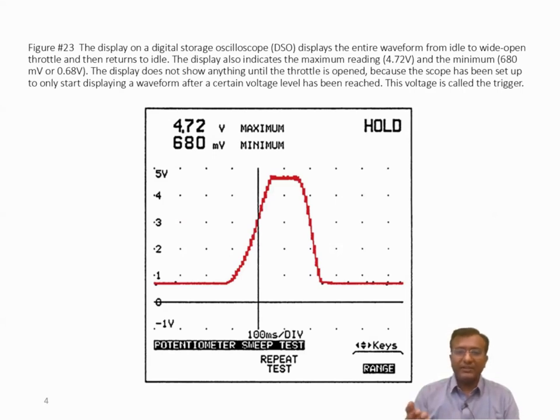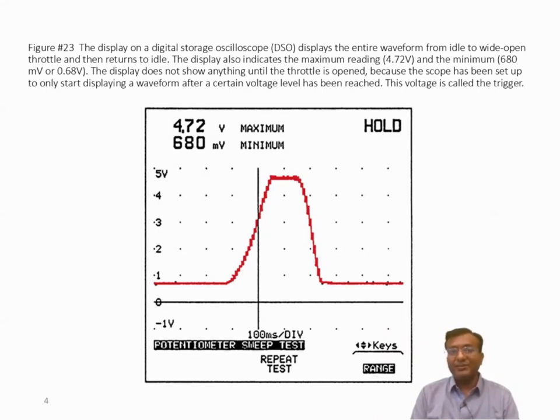In the earlier figures with the analog oscilloscope, we were only getting the instantaneous values. But in the digital storage oscilloscope, as it stores the data, we can get the overall picture in one glimpse.